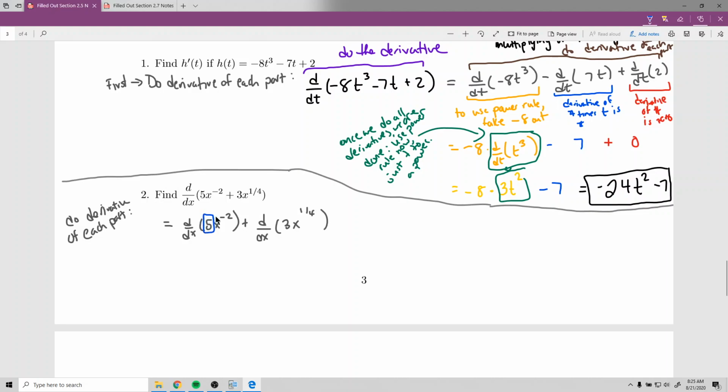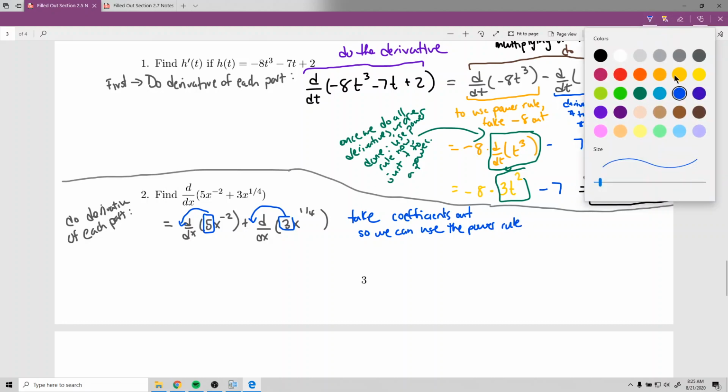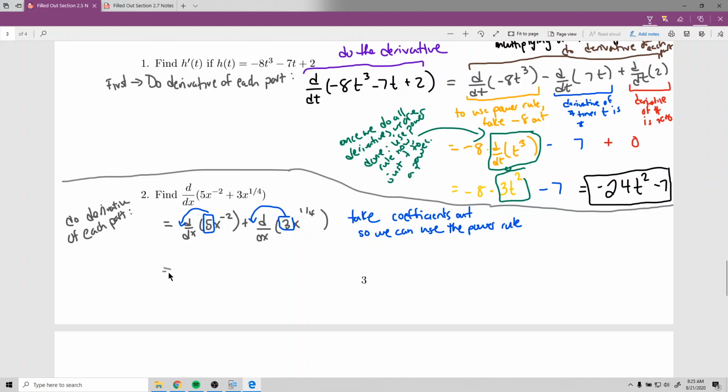We're going to take that 5 out of here and 3 out of the back one. So we take the coefficients out, the numbers, so we can use the power rule. All right, so let's just do that.